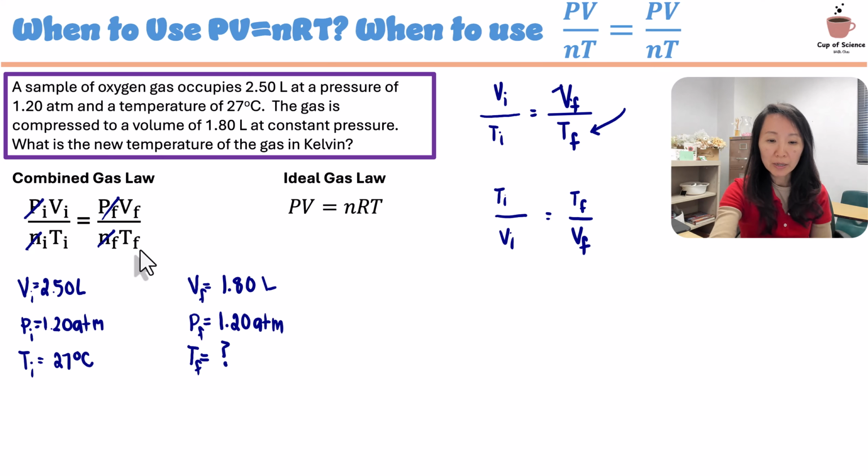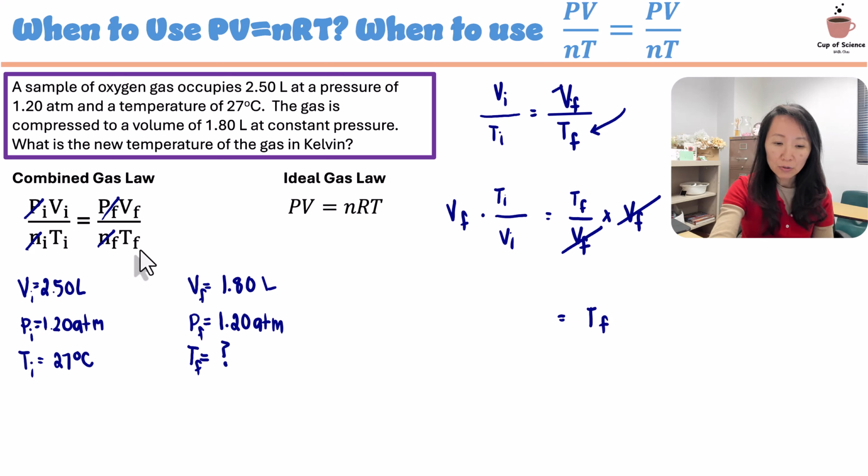At this point, we can multiply both sides by volume final. Then if I rewrite this and cancel these out, T final is equal to V final multiplied by T initial divided by Vi.